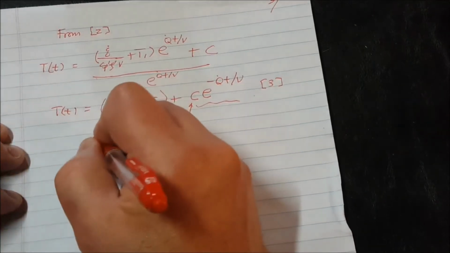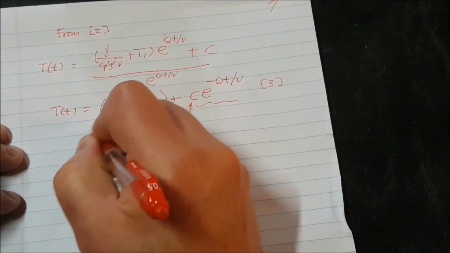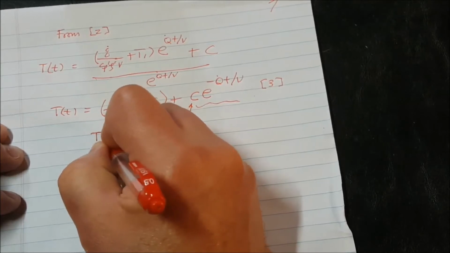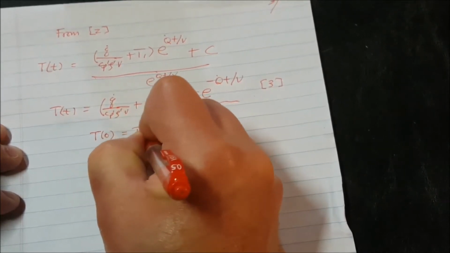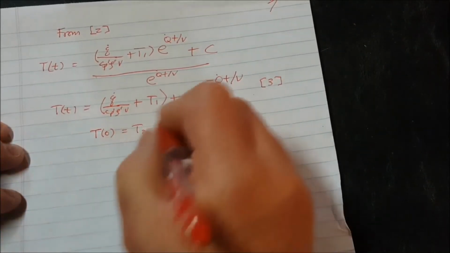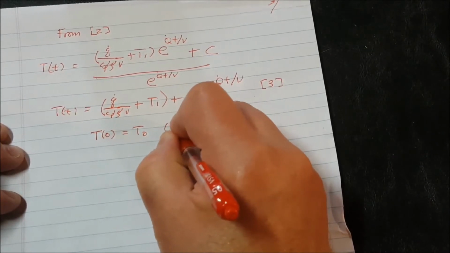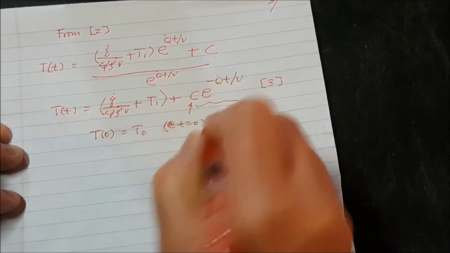So what we do is we use our initial condition, which is T of 0 equals T0. What I'm trying to say is that's at t equals 0.